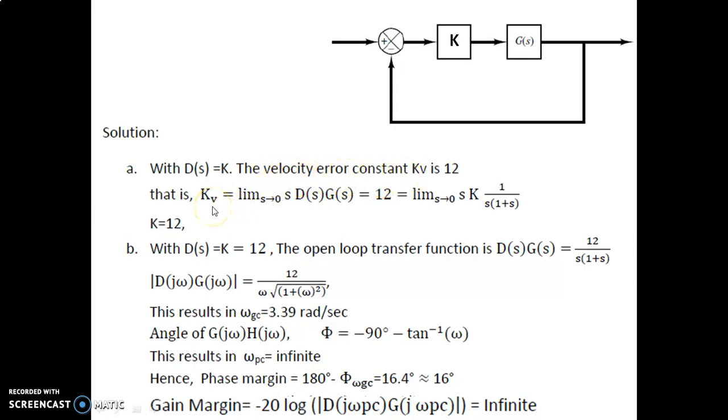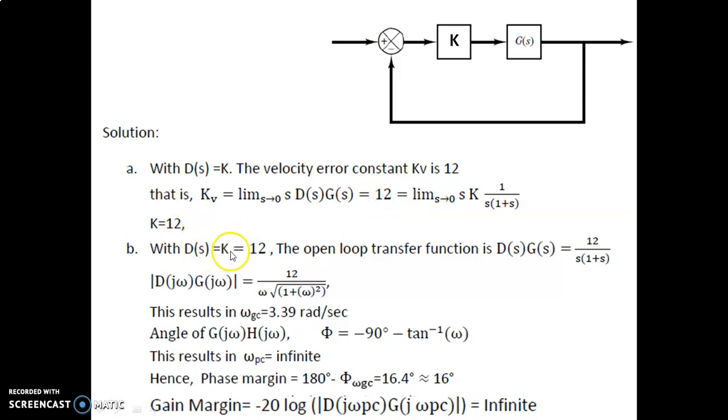The equation for the velocity error constant is the limit of s tending to 0 of s into the open loop transfer function, in this case D(s) into G(s), which is required to be 12. So s, times D(s) which is K, times G(s) which is 1 over s into (1 plus s). Upon putting s equal to 0, the s terms cancel, and we end up with K by 1 equal to 12. So K is equal to 12.